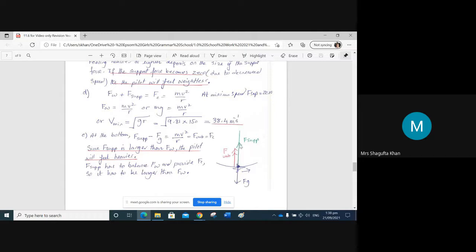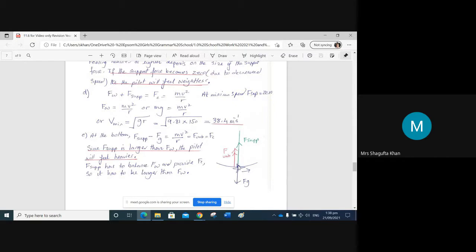So the unbalanced force will be F support minus Fg, which is written somewhere over here, and that's the unbalanced force or the centripetal force, and it is mv square over r. So if we are given the force, we can calculate the speed, or if we are given the speed, we can calculate the force.